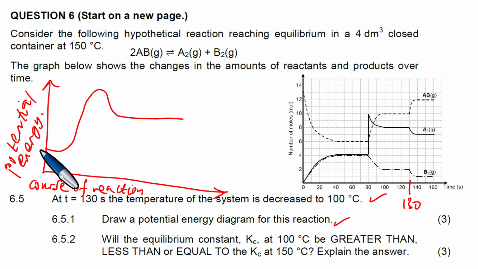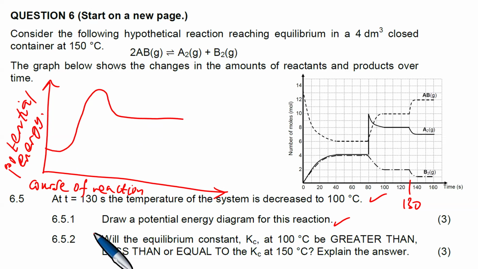In view of the fact that the potential energy of the products will therefore be higher than the potential energy of the reactants, this will be the potential energy diagram for this particular reaction.